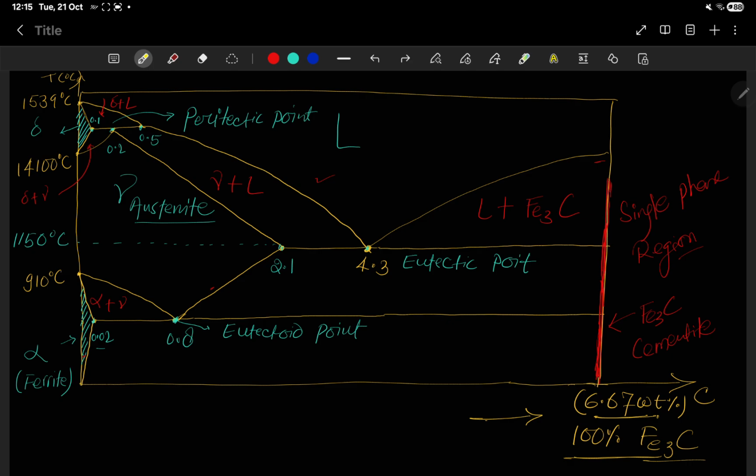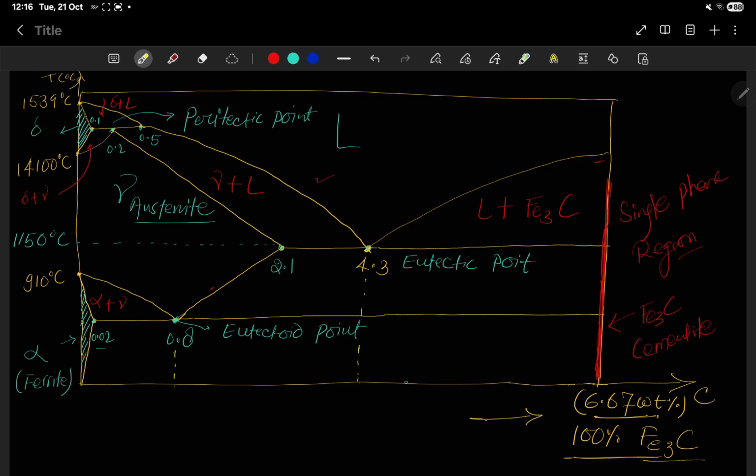So I hope we have mentioned all the reasons. Now let's try to write. So this is eutectoid point, and this is eutectic point. Okay.